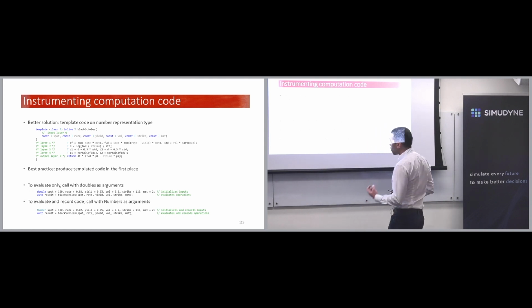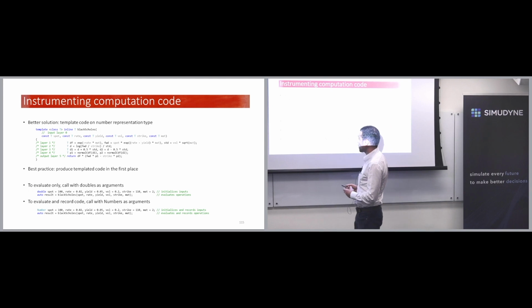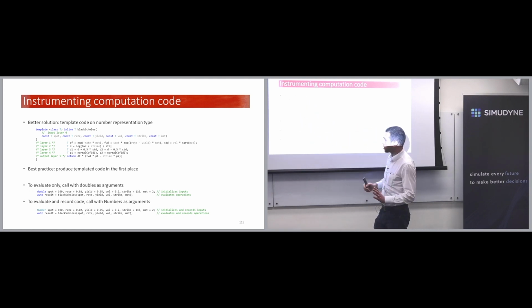Okay. Now, if I want to only evaluate Black-Scholes and I don't want to record anything, then I just call it with doubles as arguments. I initialize my arguments as doubles, and then the compiler will know to call the double instantiation of Black-Scholes. So basically, it will call this function with T replaced by double, so it won't record anything.